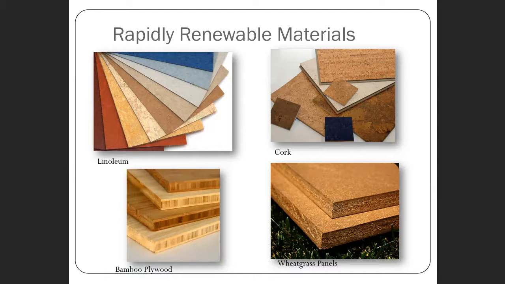Some examples would be linoleum as a sheet good or flooring product, cork as a flooring product or a sound absorbing material on walls. Bamboo is a good example of a rapidly renewable material. Wheatgrass panels, again, we're taking natural materials and turning them into construction products.